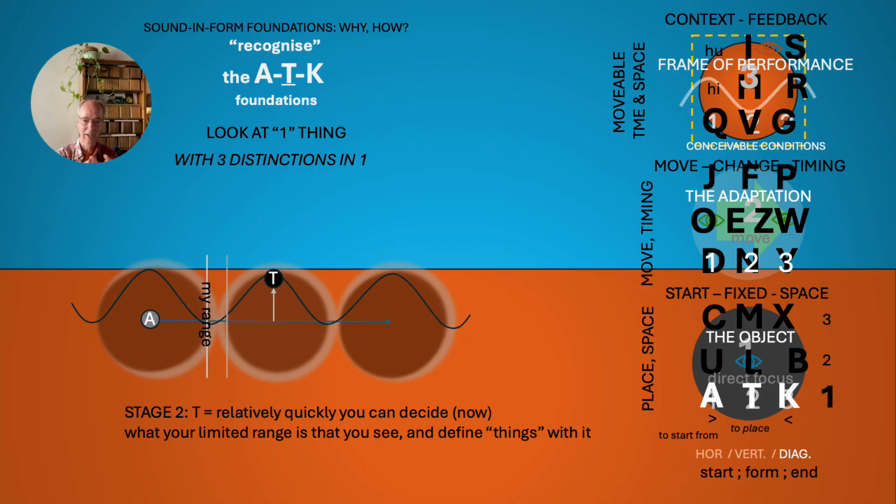In a very quick way, I have to adapt slightly so that I can keep my focus and my vibration in tune with what I can see. At least I can get in tune with something of the reality, and that's the limited range I have. Then I get my vibration right, vibrating with that limited range of what I can see, and from there I can define things, because these things will be real.